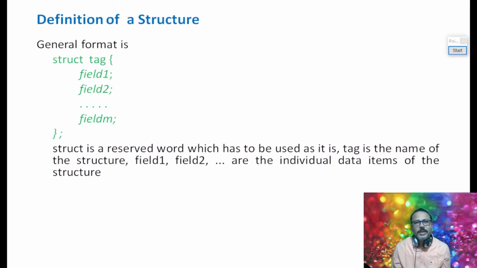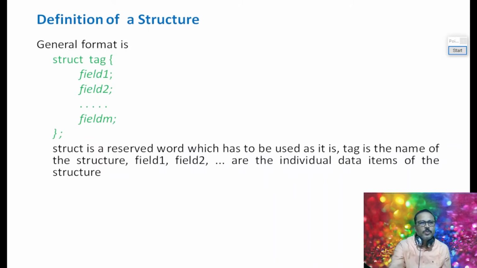So how do you define a structure? C language implements it using structures, but how do you define one? It is defined like this: struct tag, and within the curly brackets, you define the fields. What does it mean?